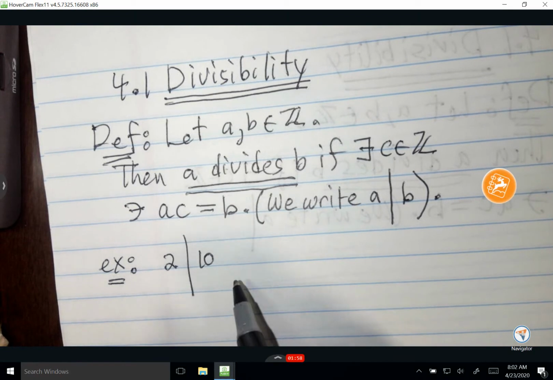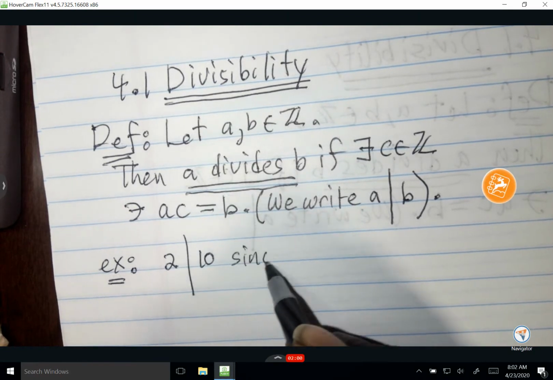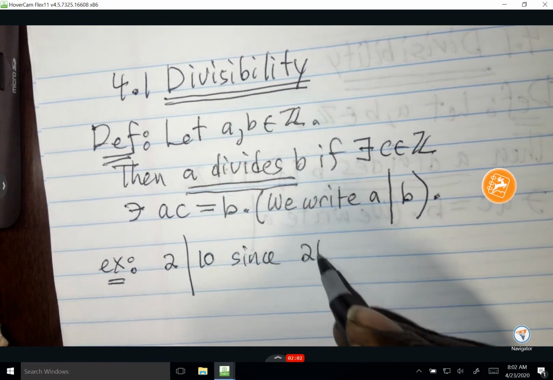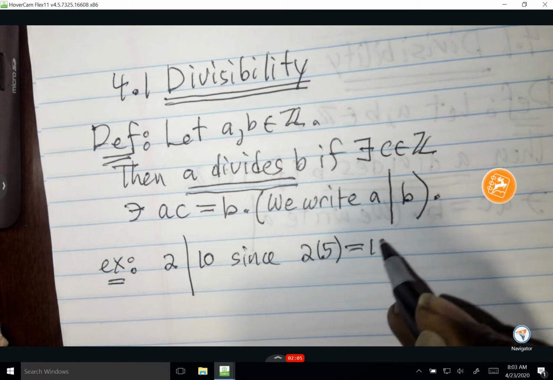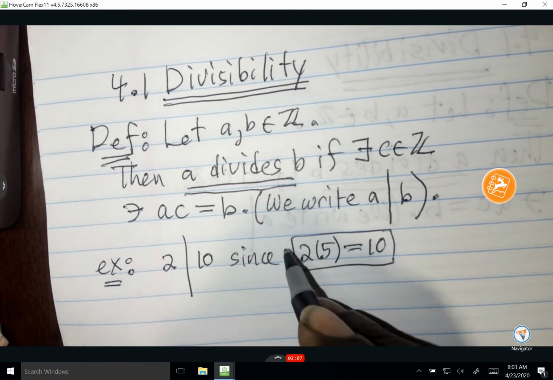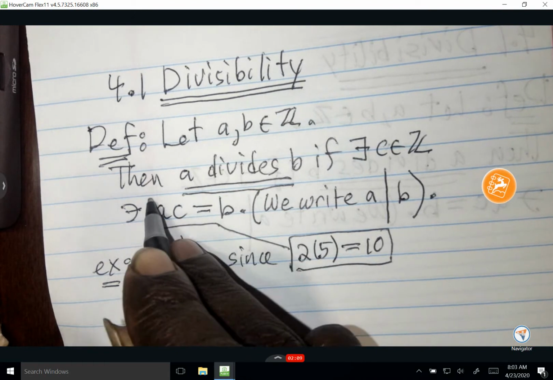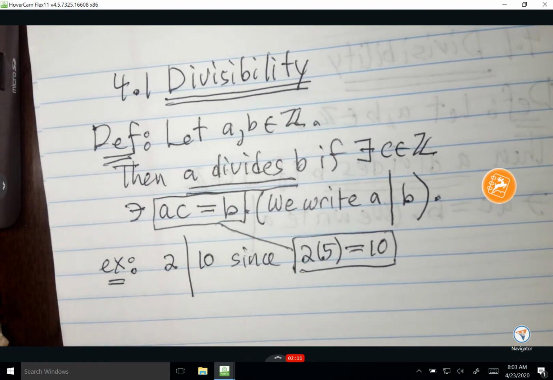Why? Since there's another integer, 5, that multiplies to 10. So you can see the definition is satisfied.